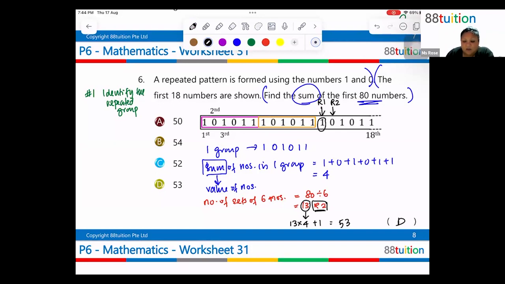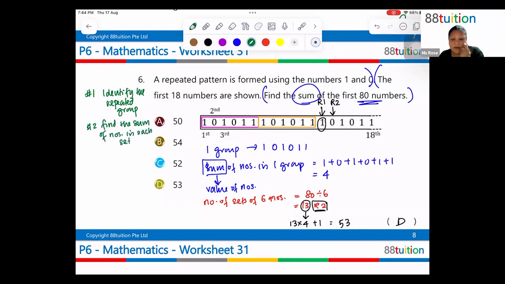Okay, so for this type of question, you need to make sure that first, identify the repeated group. Number 2, find the sum of the numbers in each set.